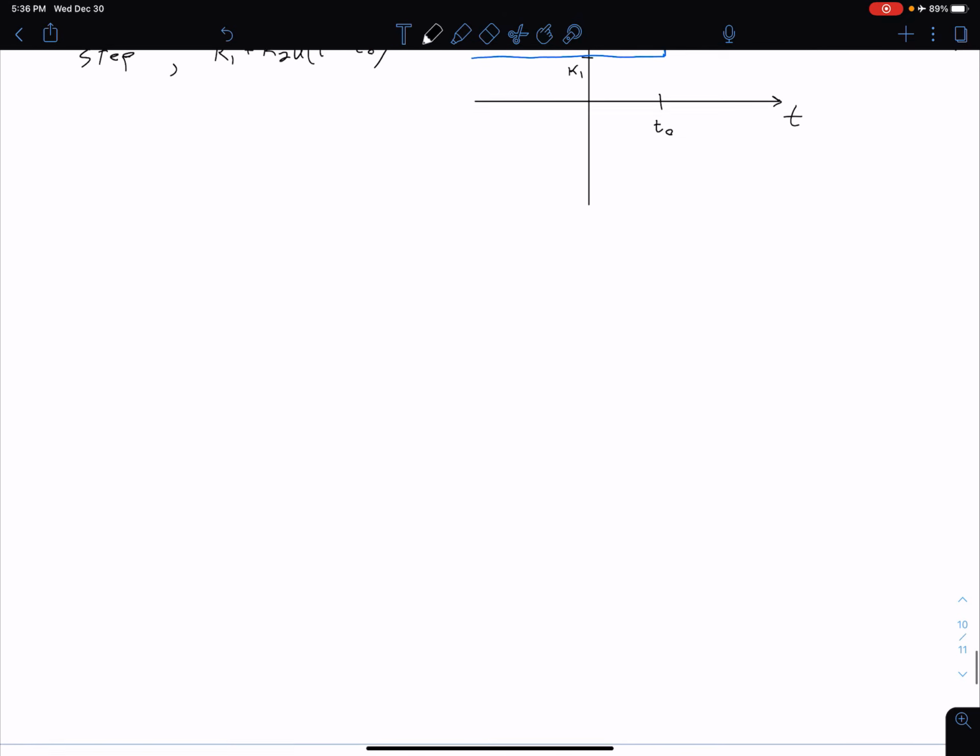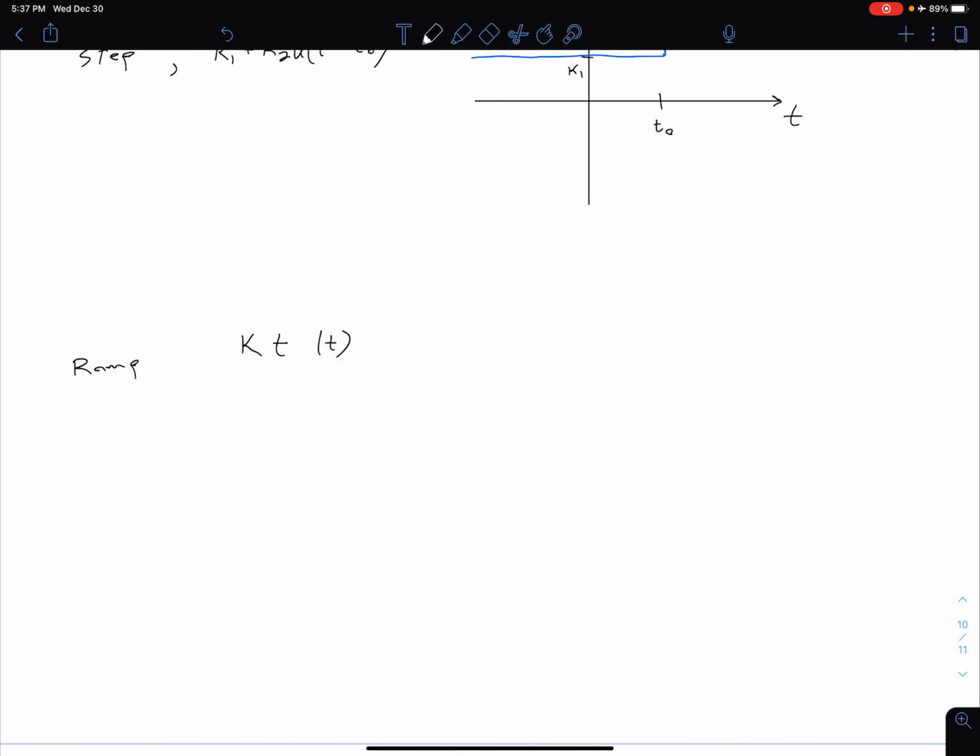Okay, so a few more functions to look at. The next one we're going to look at is our ramp function. Our ramp function is essentially just going to be t. Now, we're usually just going to be concerned with causal systems, so they're only defined for t greater than 0. So let's multiply this by u of t. Again, to make it even more general, we can put a k out front.